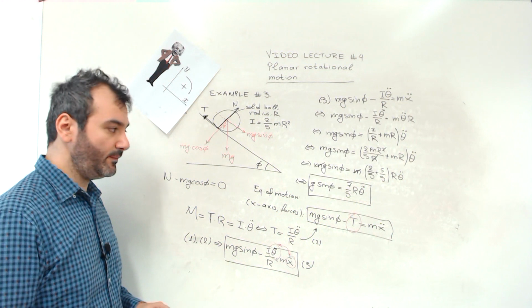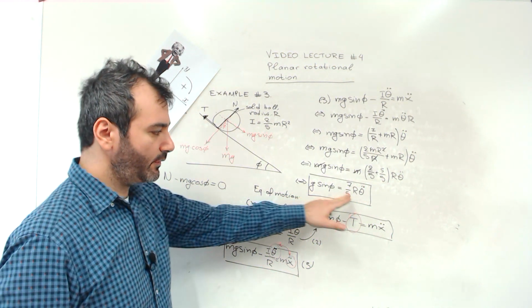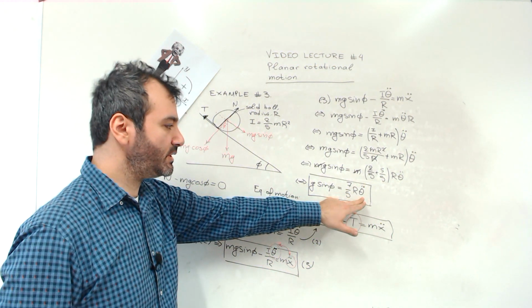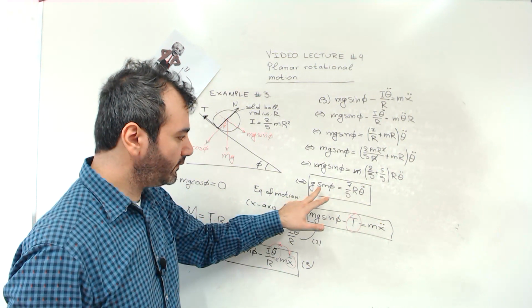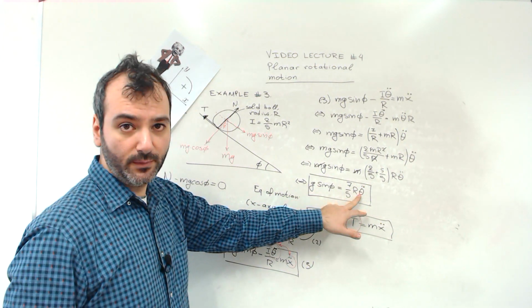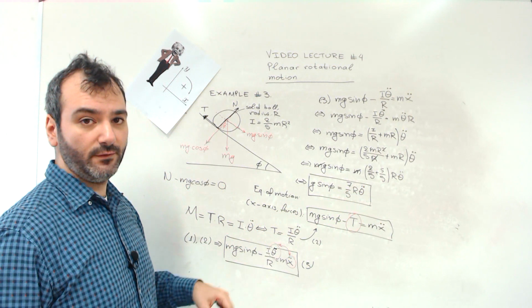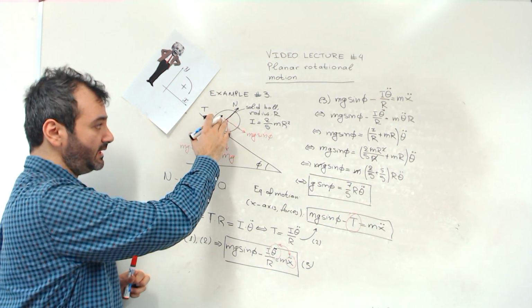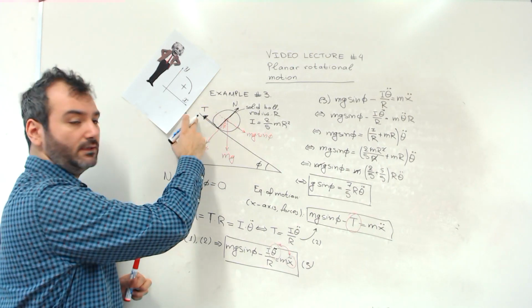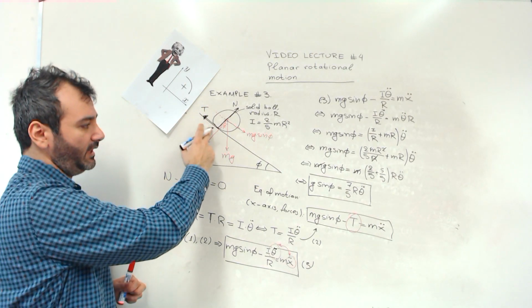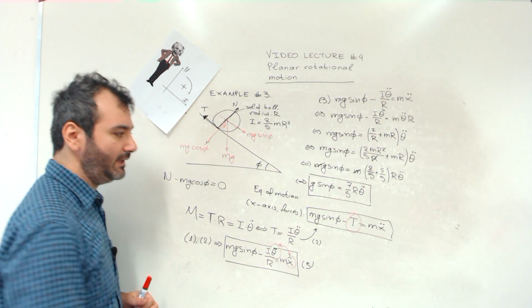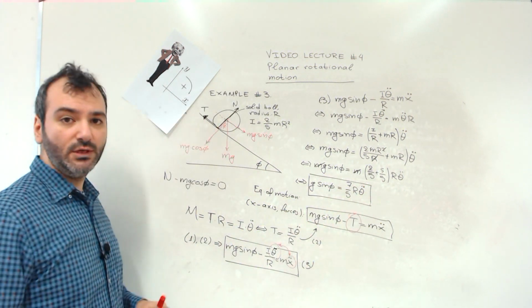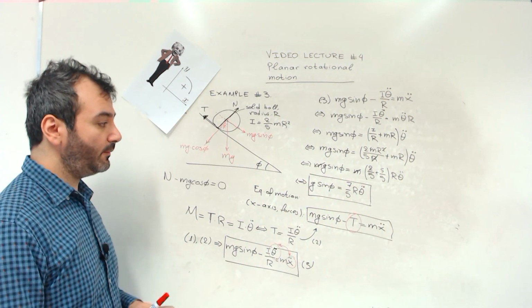And after doing some math, we end up with this equation of motion, which involves g, it involves r, but it doesn't involve the mass of the object. So again, so long as this object doesn't slip, so long as there is adequate friction between the object and the inclined plane, then this equation describes all that we need to know about the object.